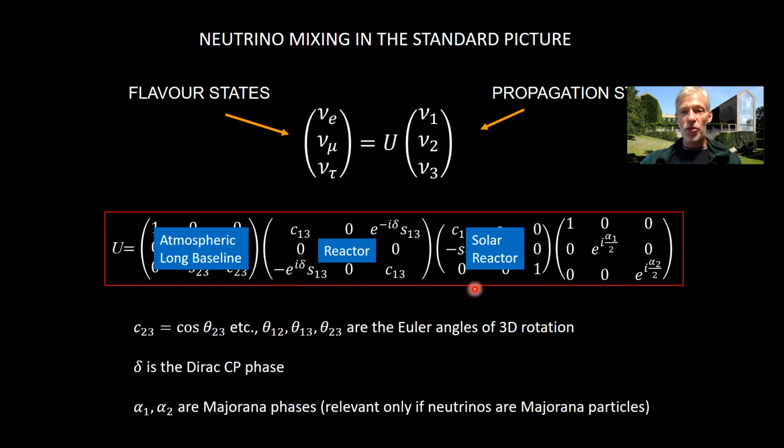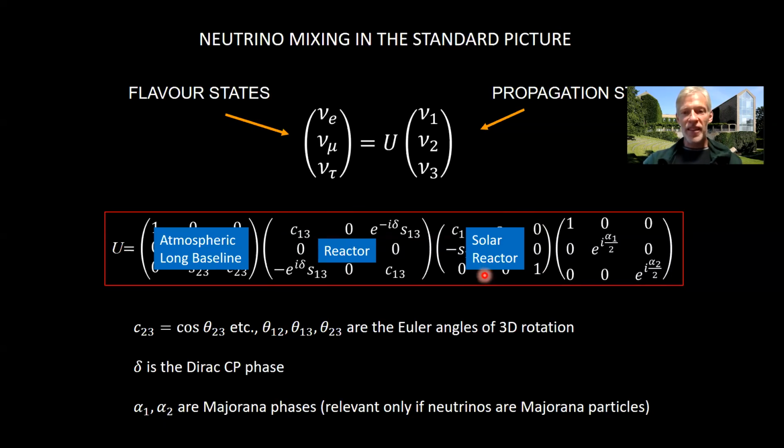Finally, there's the 1-2 angle, which is in fact the oldest experimentally. It was already basically seen for the first time in solar neutrino data way back in the 60s. And of course, since confirmed, for example, in the KamLAND reactor neutrino experiment.